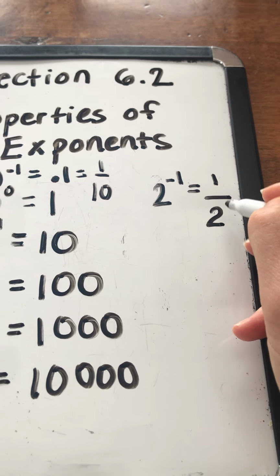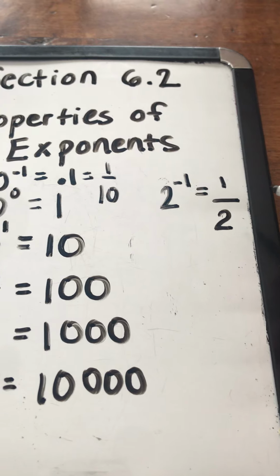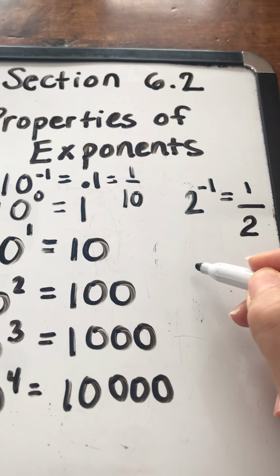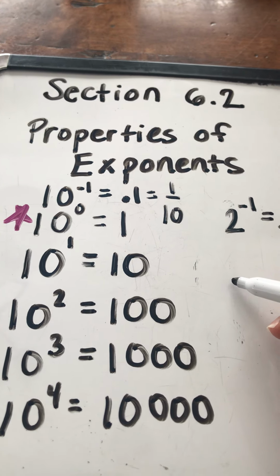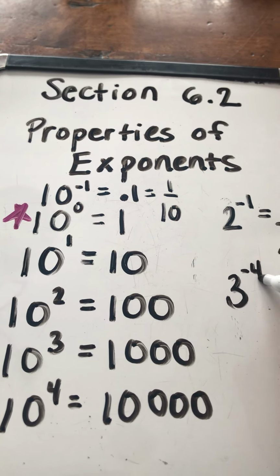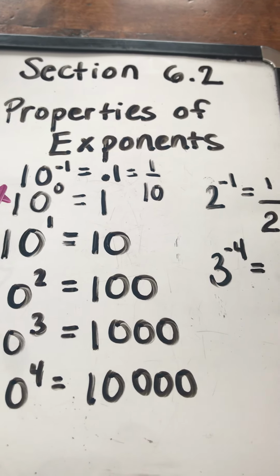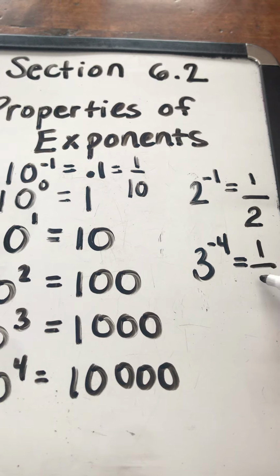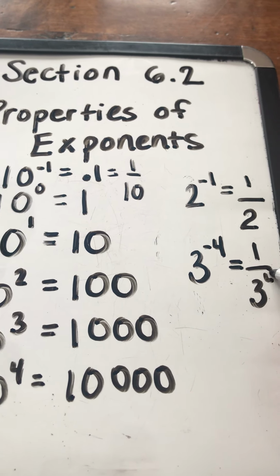So I could put a 1 here with the base of 2, but 2 to the first power is just 2. If I had an exponent higher than negative 1, say 3 to the negative fourth power, you know what that would become? I can move my base to the denominator.